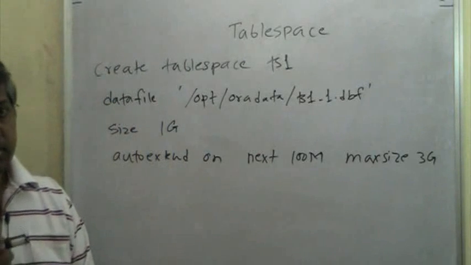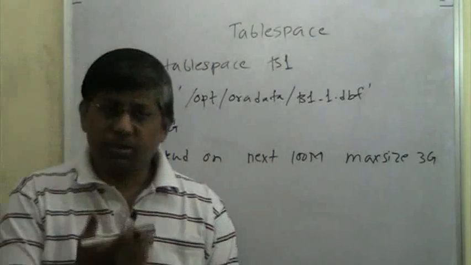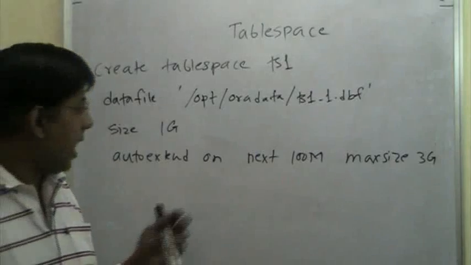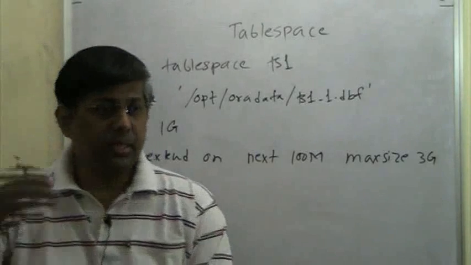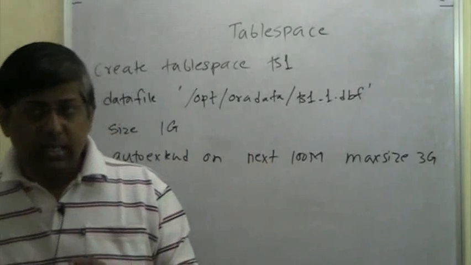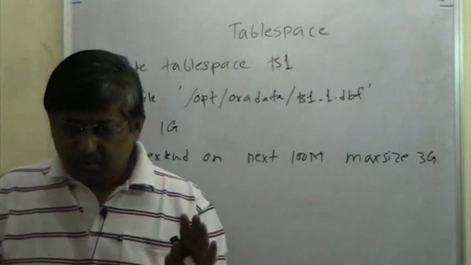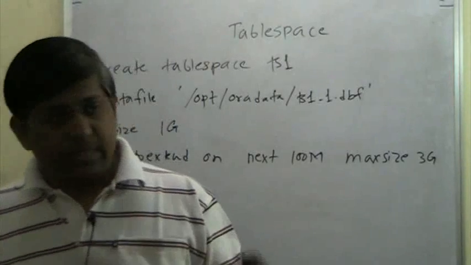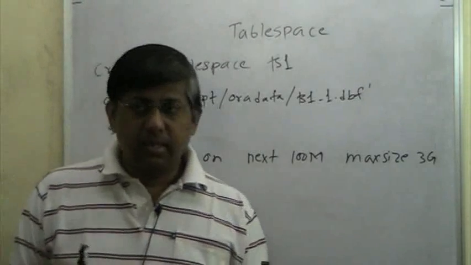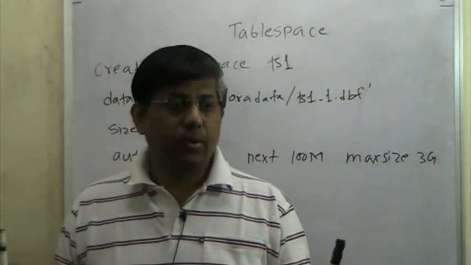Okay, but both the commands work like you said. Yeah, both commands will work the same. Then why would somebody have auto extend on as opposed to increasing the size? There is one advantage of increasing the size as opposed to auto extending it when required. Increasing the size first is done usually when you know that tonight there is going to be a huge data loading program that will need the size to be increased.